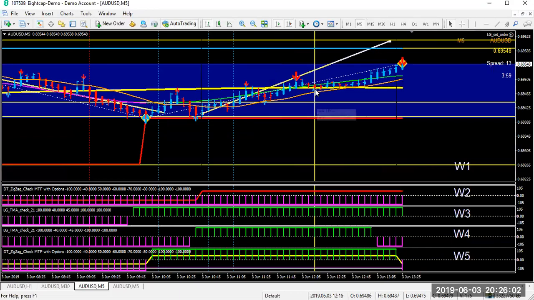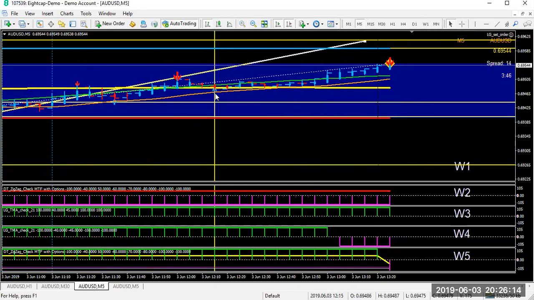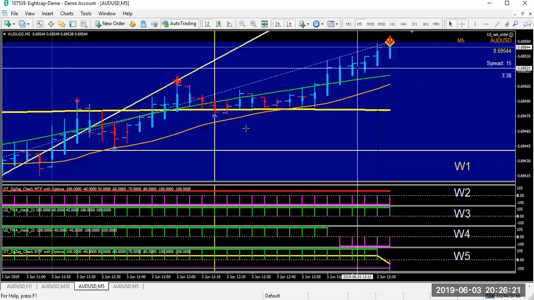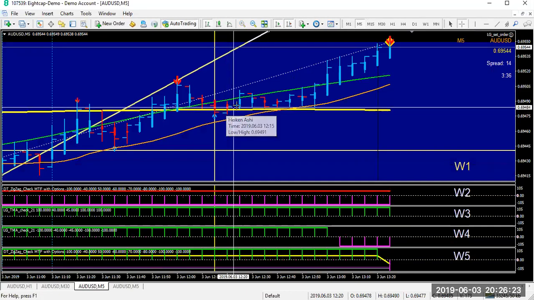But you can see here where the vertical line I drew just as an arbitrary line as an entry point. You can see there's a blue arrow underneath there. But really, I could have entered in any of these.